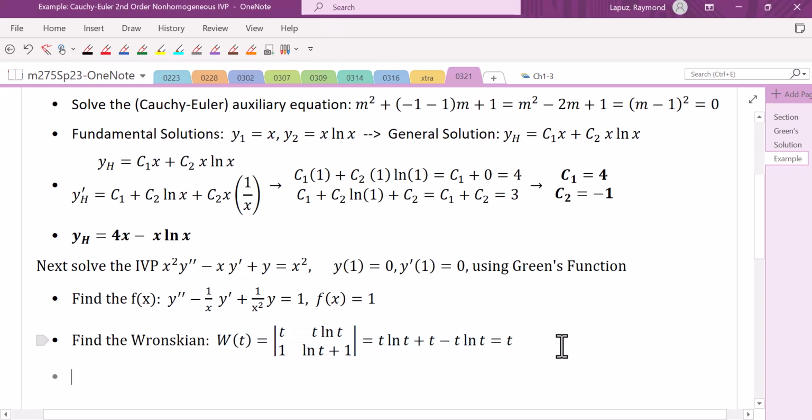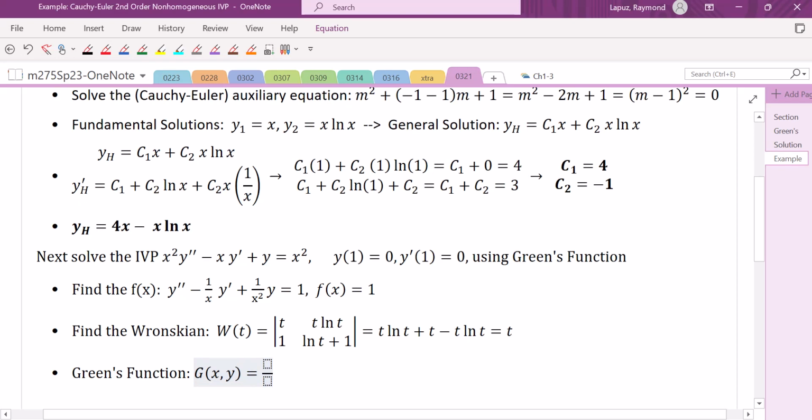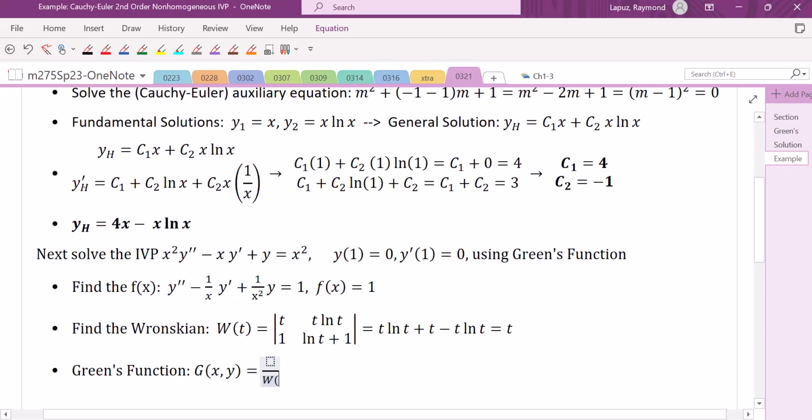All right, now Green's function is going to be g of a function of x and t, and this is equal to a fraction, and we know that the Wronskian in the denominator is just going to be equal to t, so let's go ahead and insert the t there.